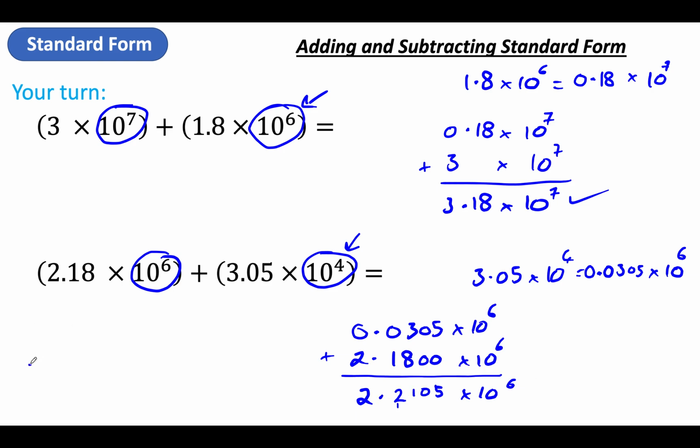Should I just make it a bit clearer over here, because that was a bit scrappy, wasn't it? 2.2105 times 10 to the power of 6, yeah?